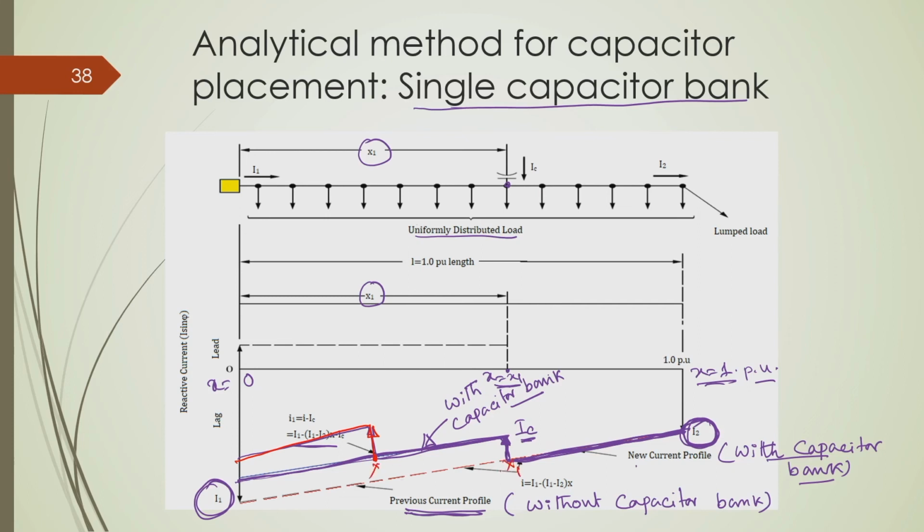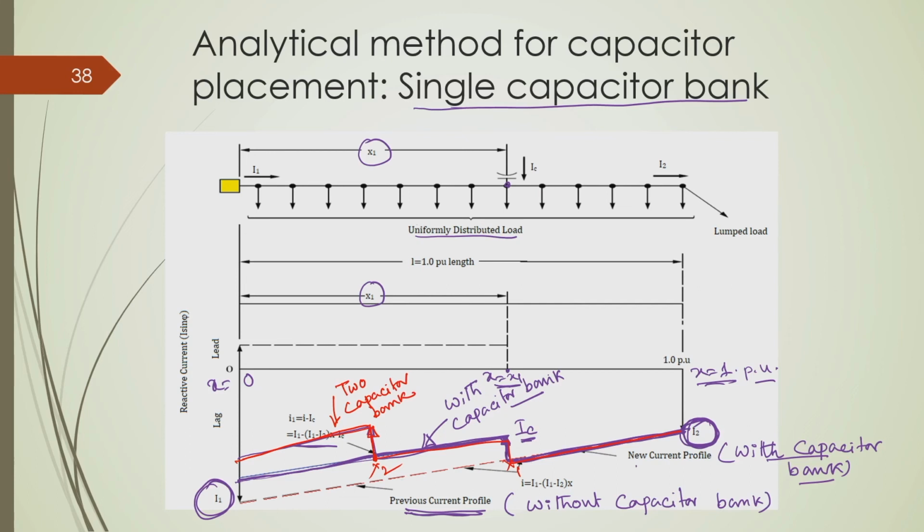So, this is x 1 and this is x 2, and this will then be the current profile for 2 capacitor bank placement, okay, and so on.